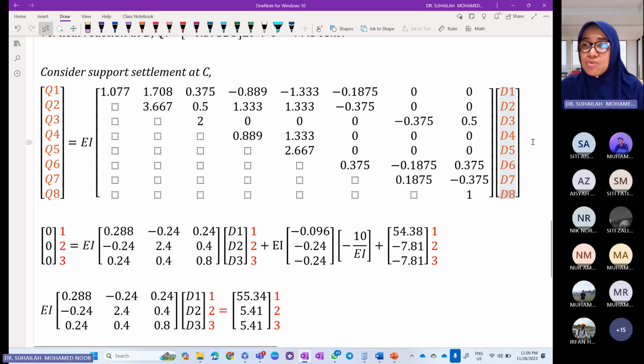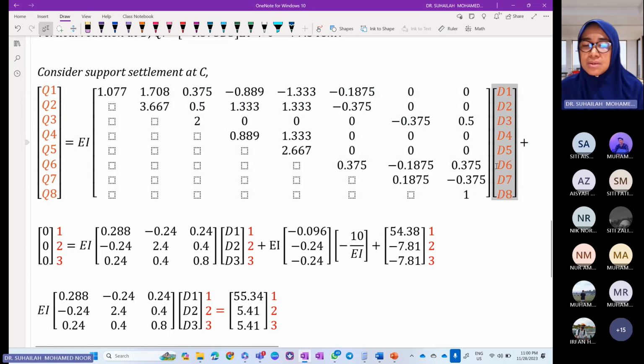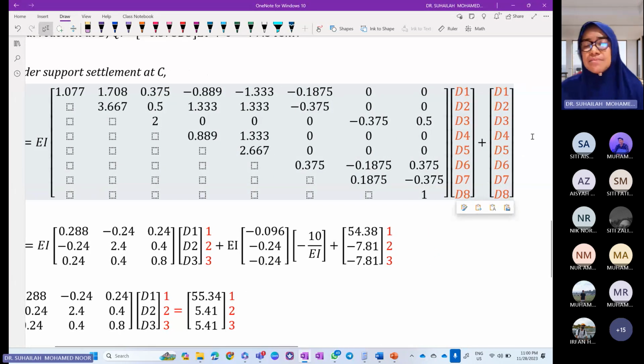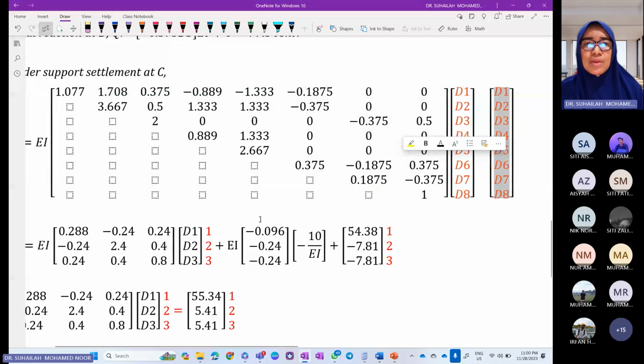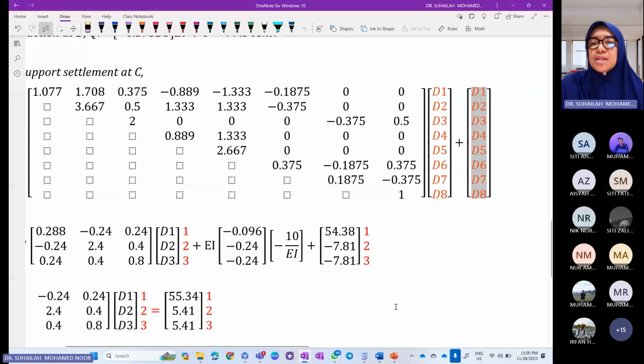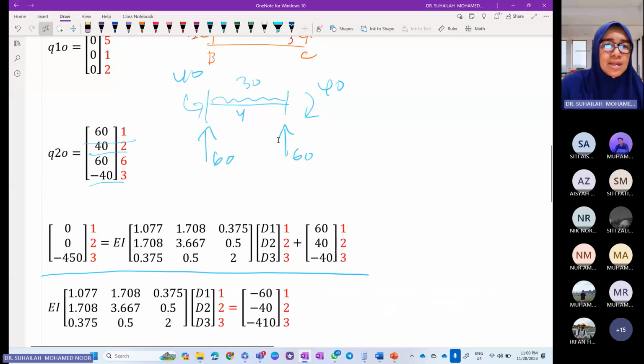And dia ada plus Q0 kat sini. Plus Q0. Q0 tak boleh lah pergi gabung dengan D tu. Dia the other things. Okay, and Q0 ni selalu ada value dia lah. Value yang kita calculate. Dia tak ada simbol, dia semua value. Okay, ni semua value lah. Value yang kita calculate from yang tadi ni.